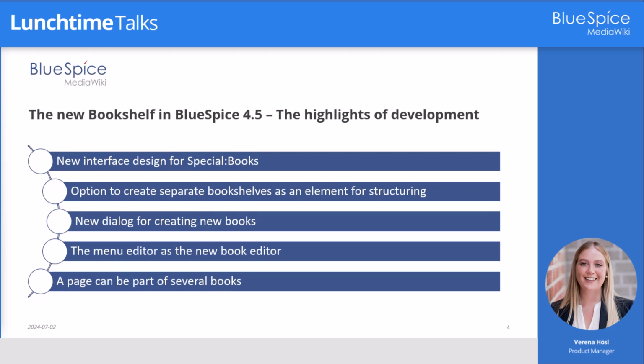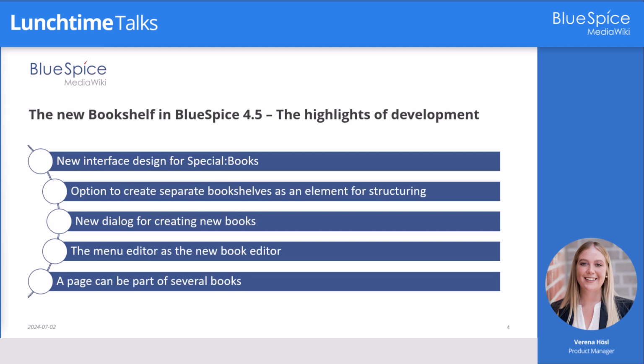So when, for example, the user has a page A and a book A, and this page A is also in book B, but the user opened page A via book A, it is displayed there first. But there will be a small drop down in the book navigation, which makes it visible that this page is also part of another book.